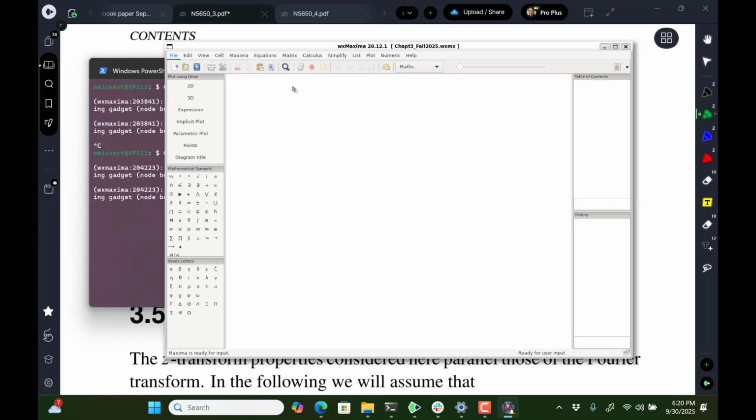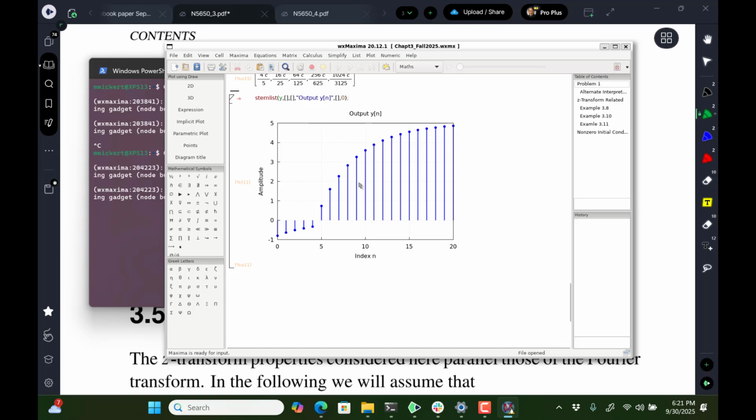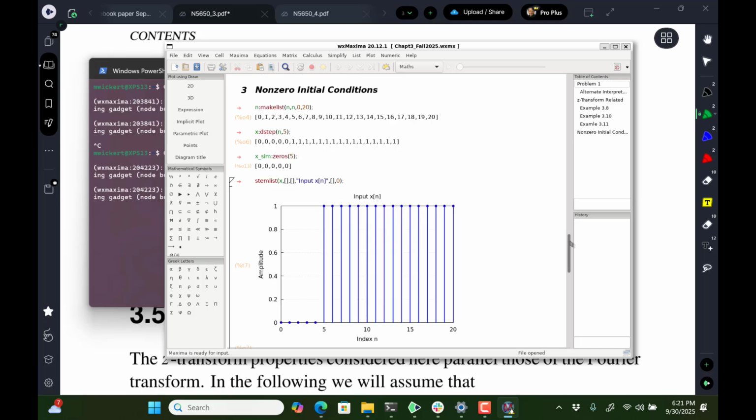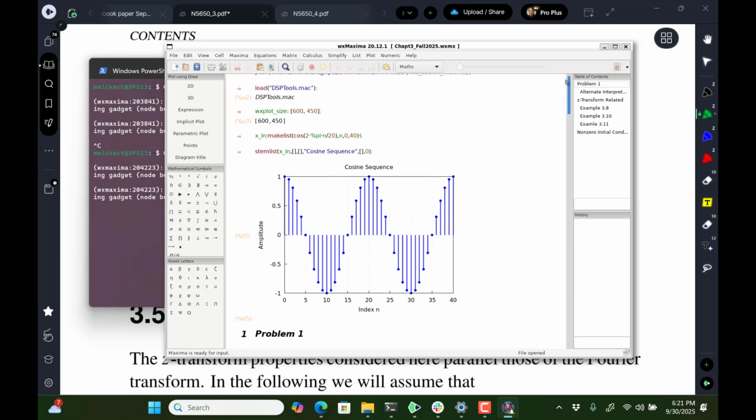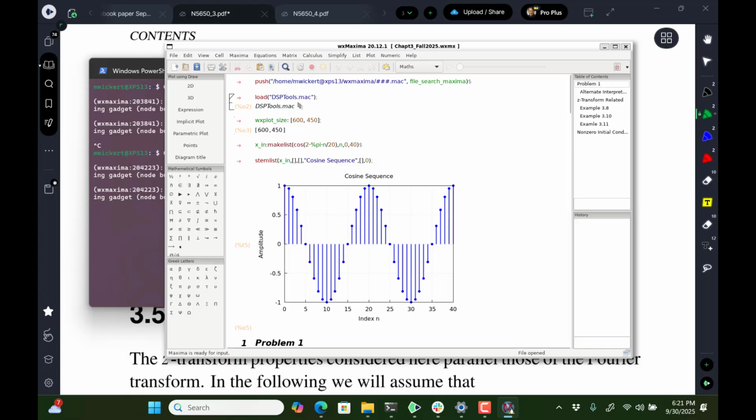So I have an example file that I created called Chapter 3. And what you do with Maxima is very much like what you do in Python. You load packages, and my package of DSP tools that I wrote, that I talked about the first day, is just loaded here after you set a path to it. I set plot sizes. Maxima is similar to the way Mathematica works because they both are symbolic engines. They work with lists.